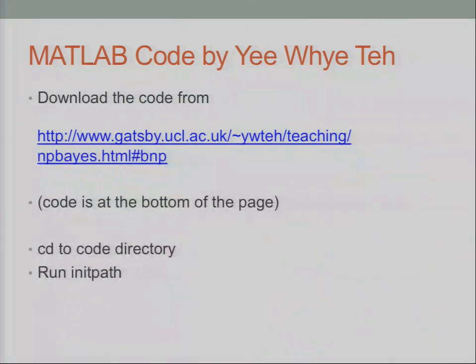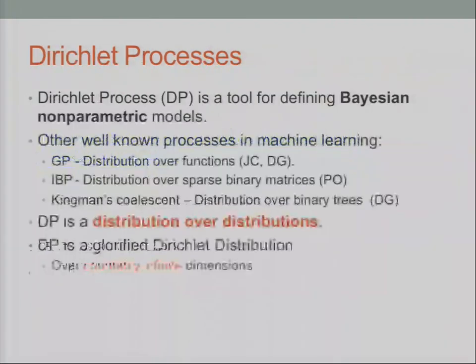What you need to do initially is change to the code directory and run init path to initialize the path. Then throughout the lecture, I'm going to show you different demos so you know what part of that toolbox is used for what.